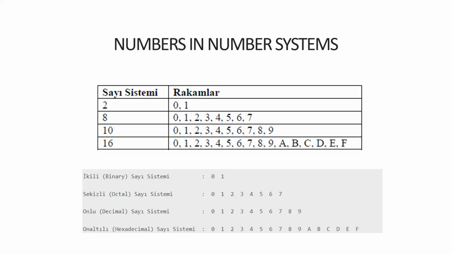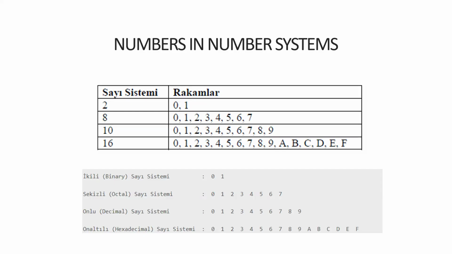And for base 10, we have 10 characters, and the highest one can be 9. Also there is the hexadecimal number system, base 16. In this one, we start again with 0, and after 9, how can we show this with just one character?